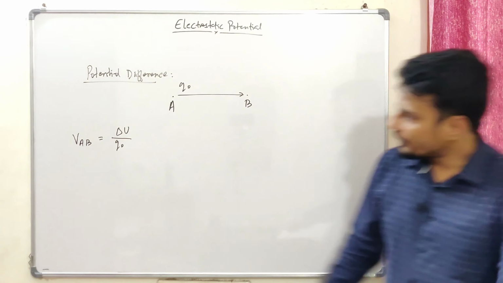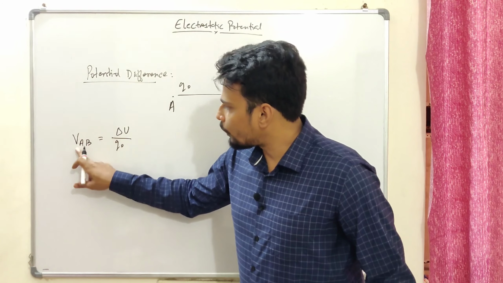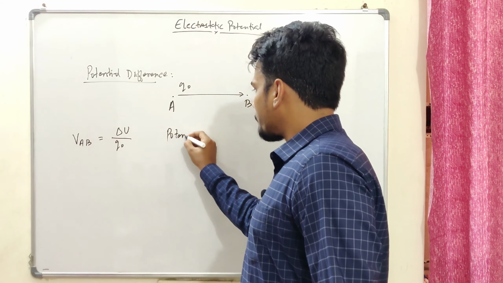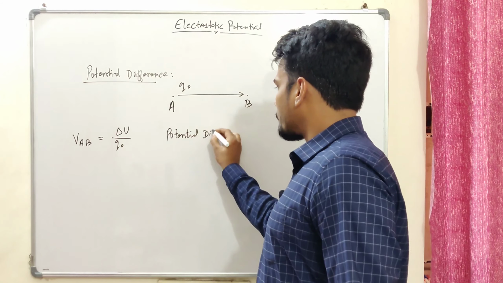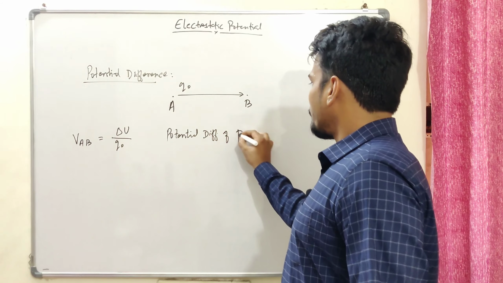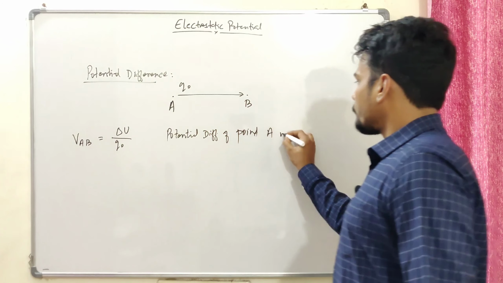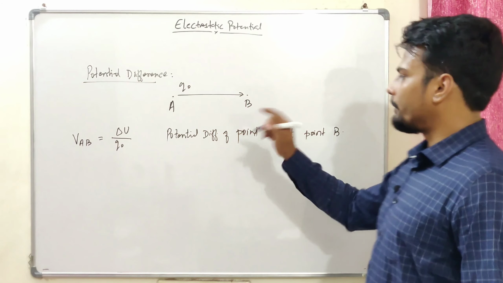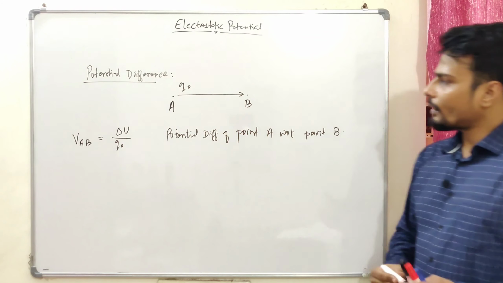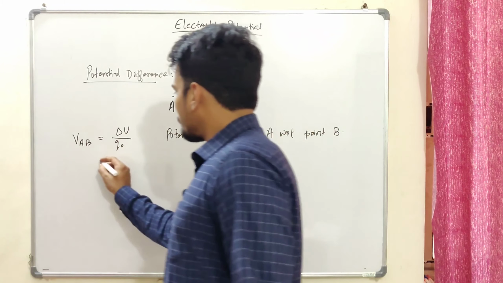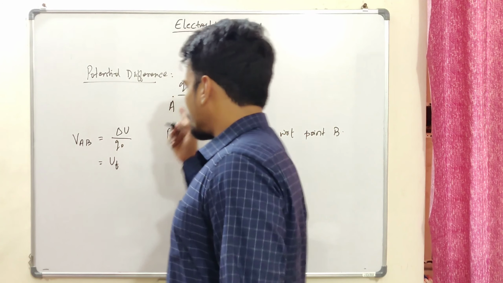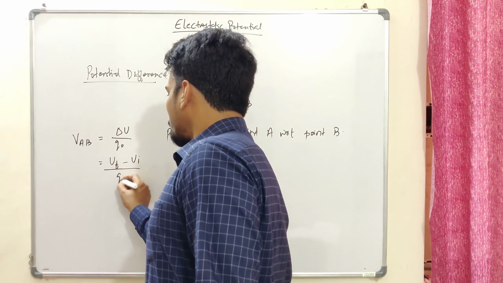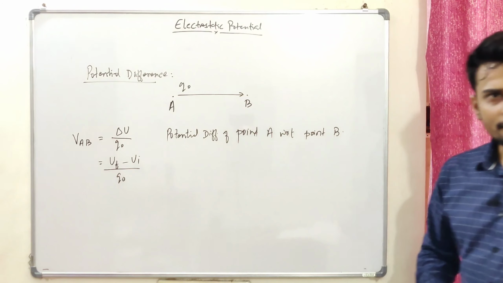So this is the potential difference of point A with respect to point B, VAB. Now this could be written as U final, that is U at B, minus U initial, that is at A, over Q naught. Fair enough?